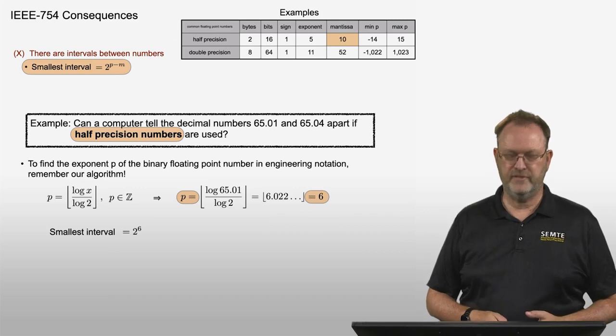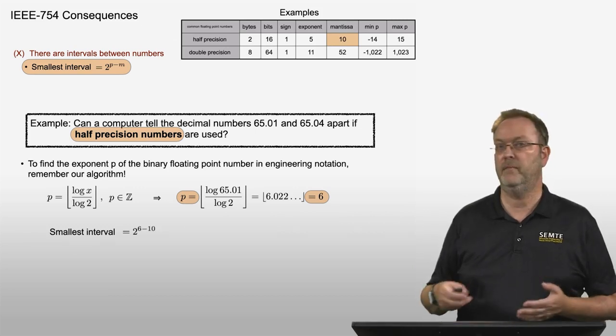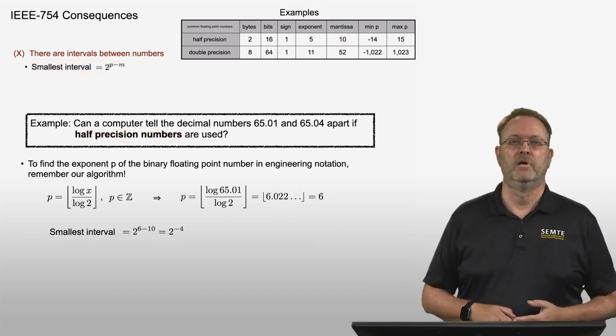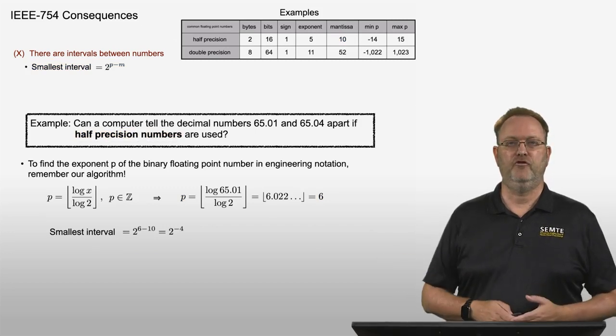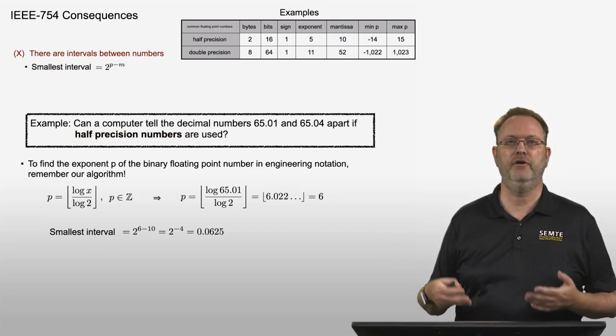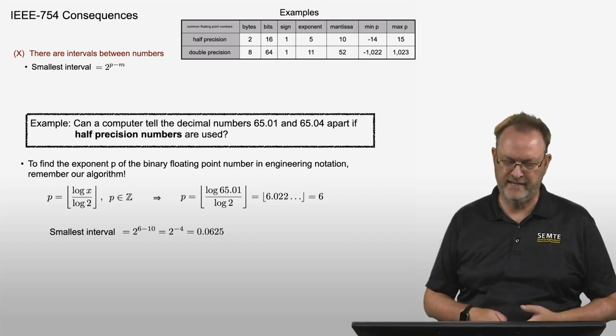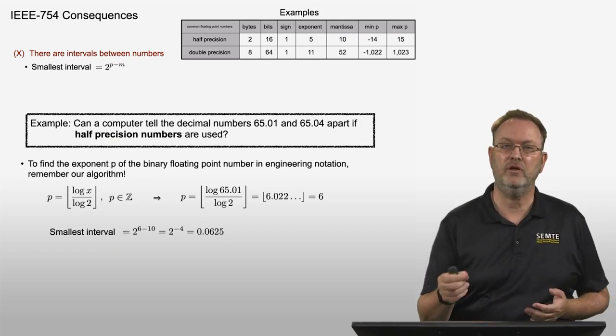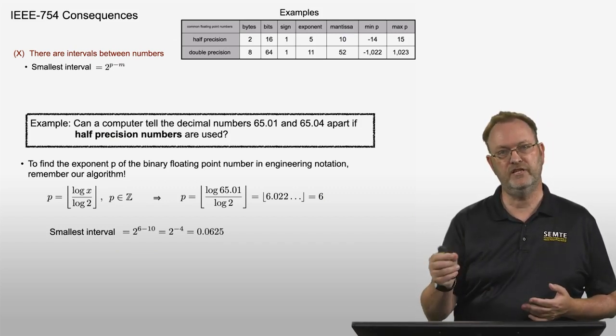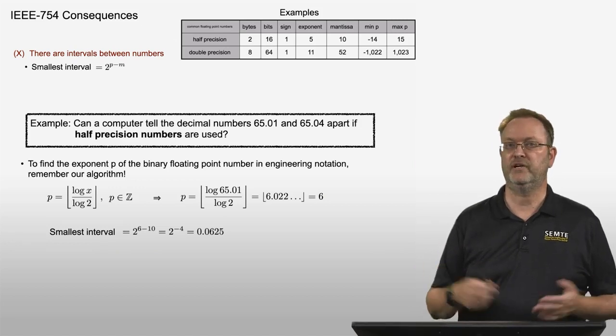So the smallest difference is 2 to the power 6 minus 10, which is 2 to the power negative 4, which is 0.0625. That is the smallest difference between numbers that a computer can tell apart.